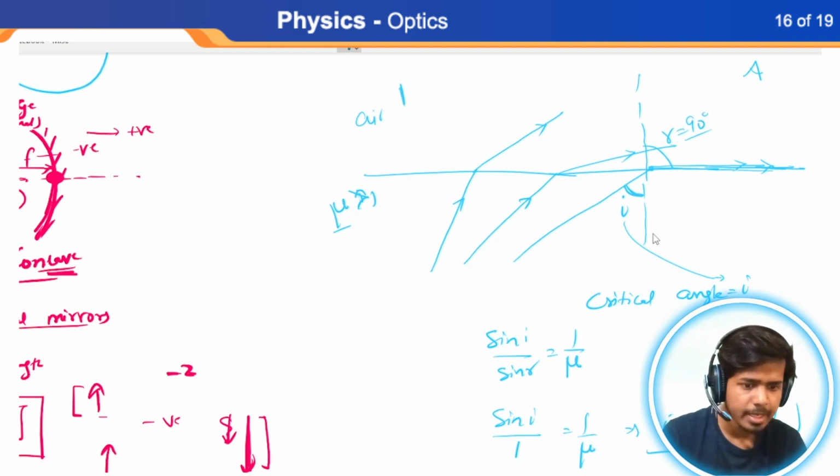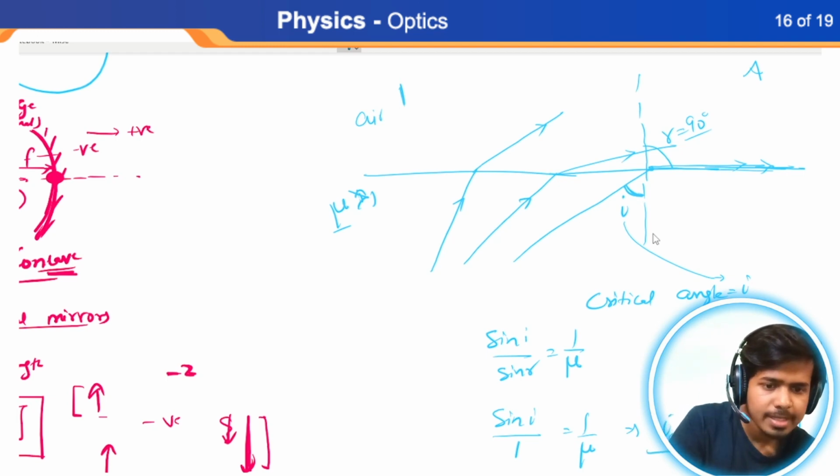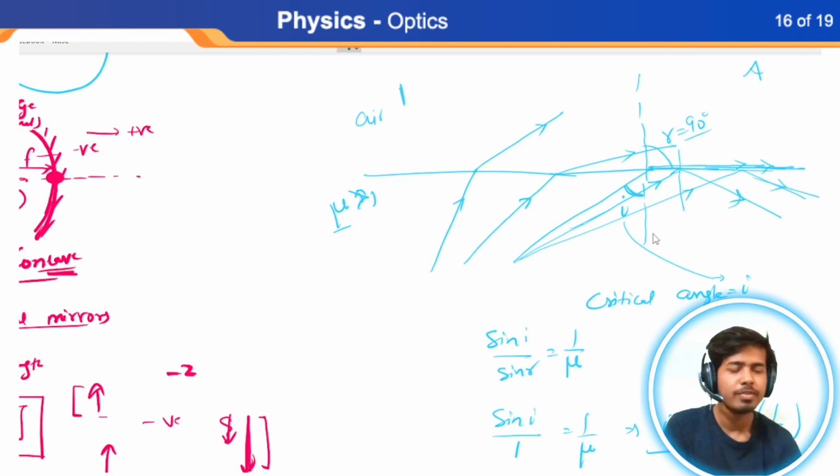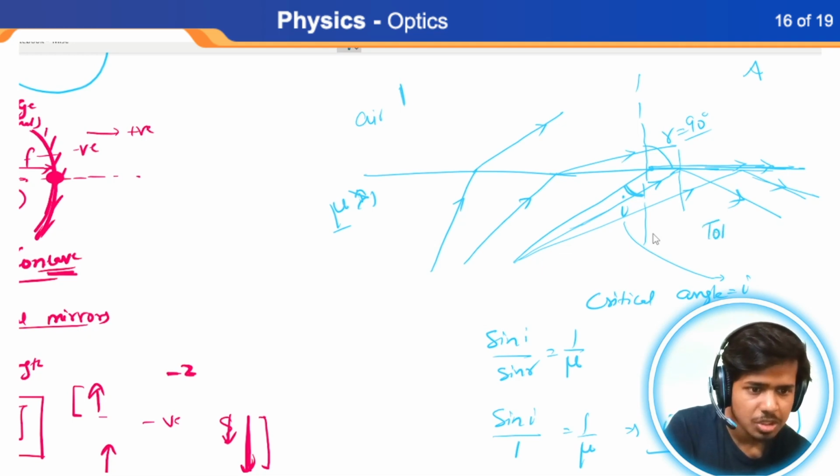This is called critical angle, and after which, let's say you increase the angle of incidence further, then no light is going to refract and all of the light is going to just reflect. Any light which is having higher incidence will just reflect inside the surface and no light will come outside. So this is called total internal reflection.